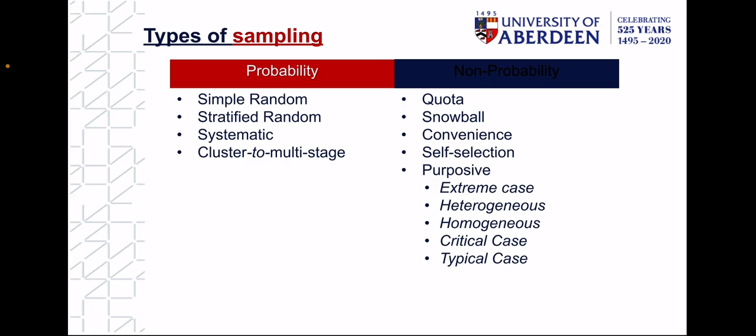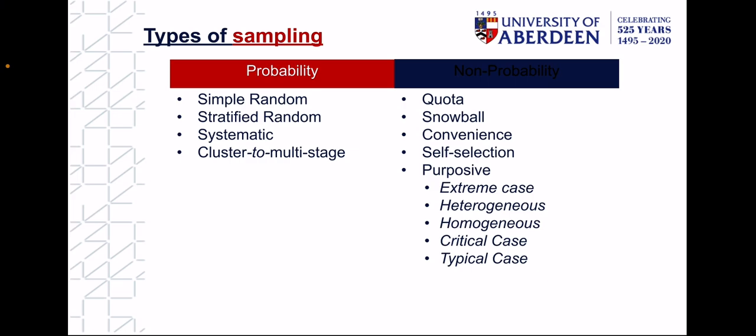Probability sampling is defined as a sampling technique in which the researcher chooses from a larger population using a method based on the theory of probability.